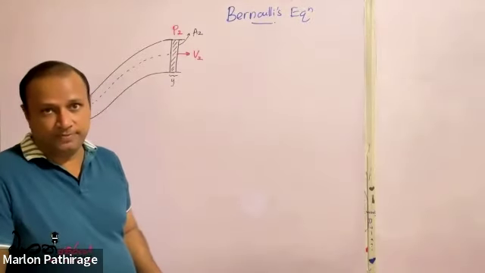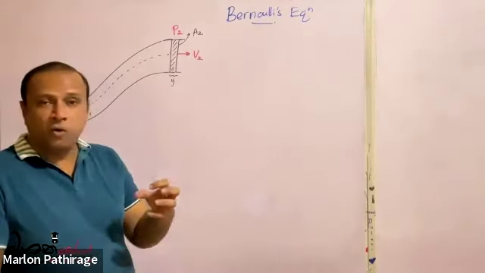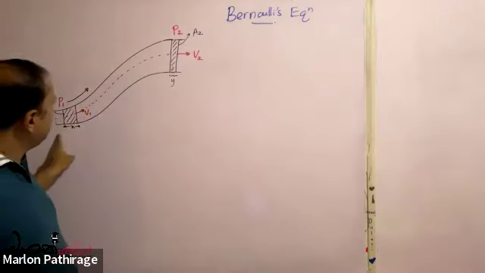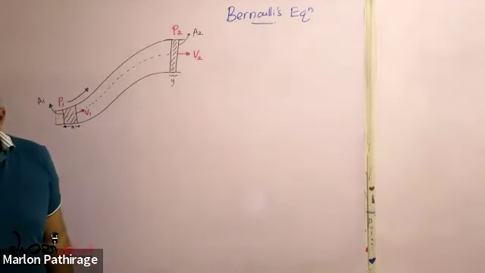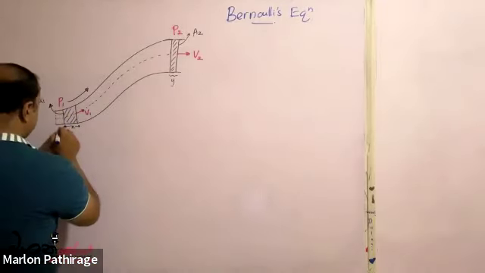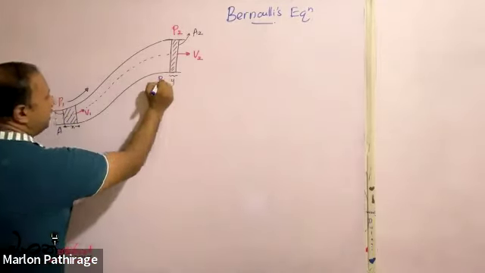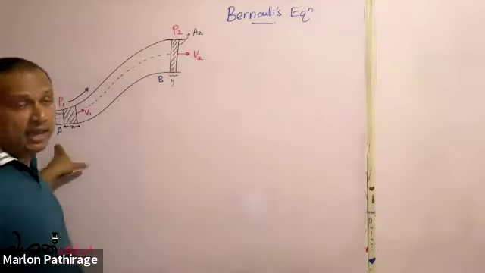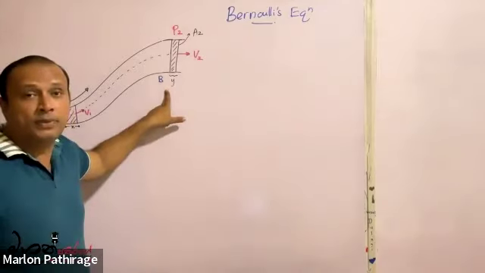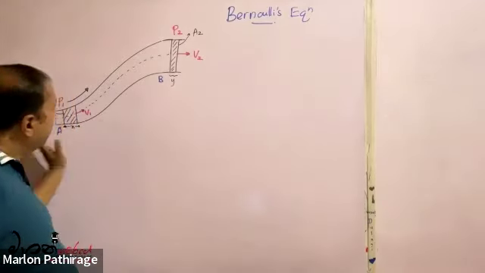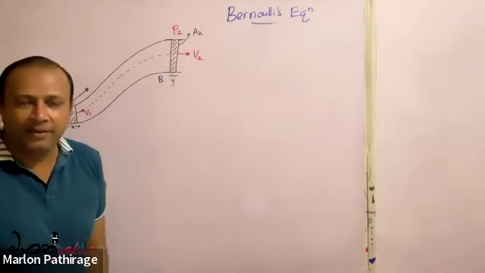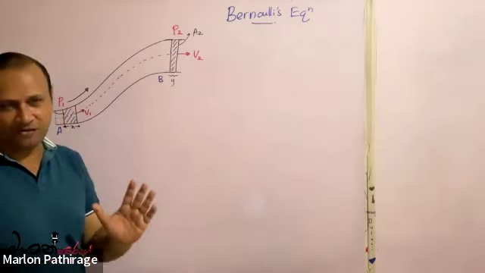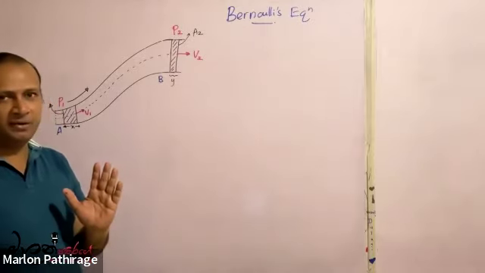Suppose this location is A and this location is B. The pressure difference between point A and point B causes the fluid flow. Listen to me very carefully.